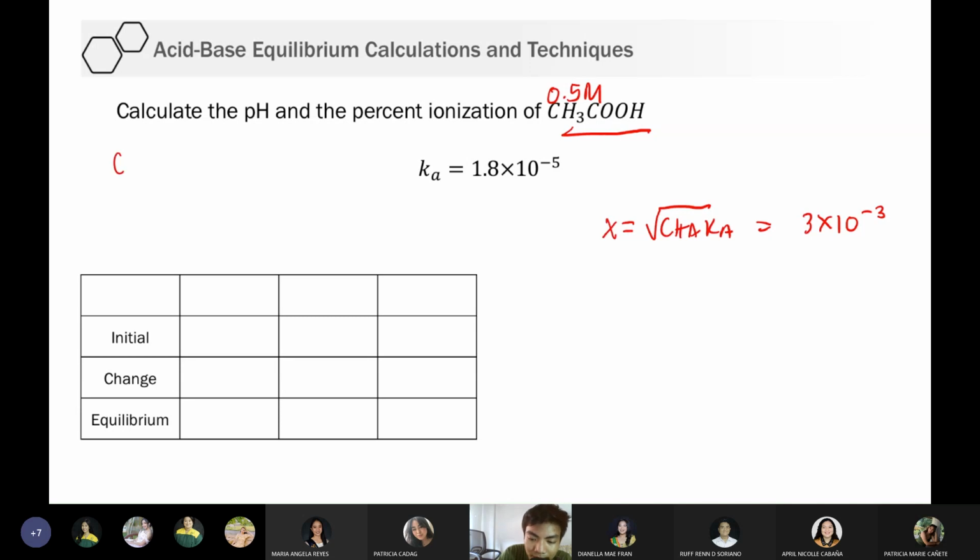So, you have your CH3COOH. You can dissociate that as H plus and CH3COO minus. Ayan, pwede na yan. Tatanggalin mo lang yung acidic H. So, this will be your conjugate base. This is your conjugate acid. Okay? So, ganun lang.